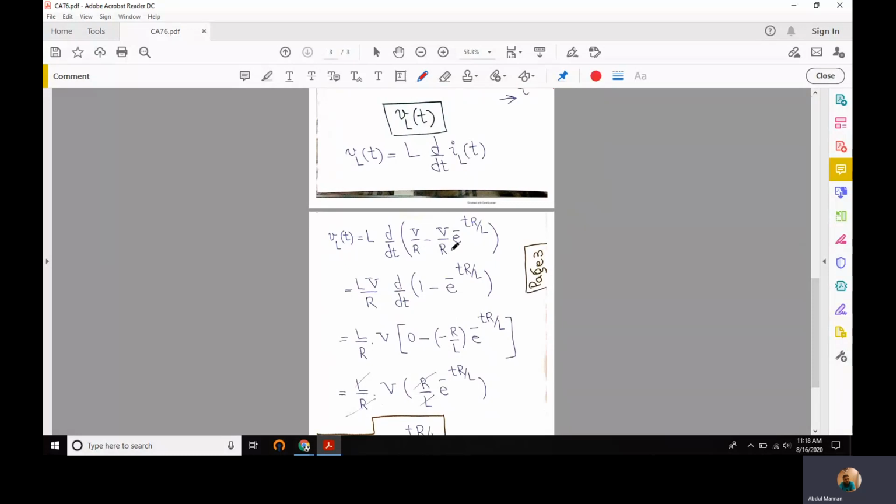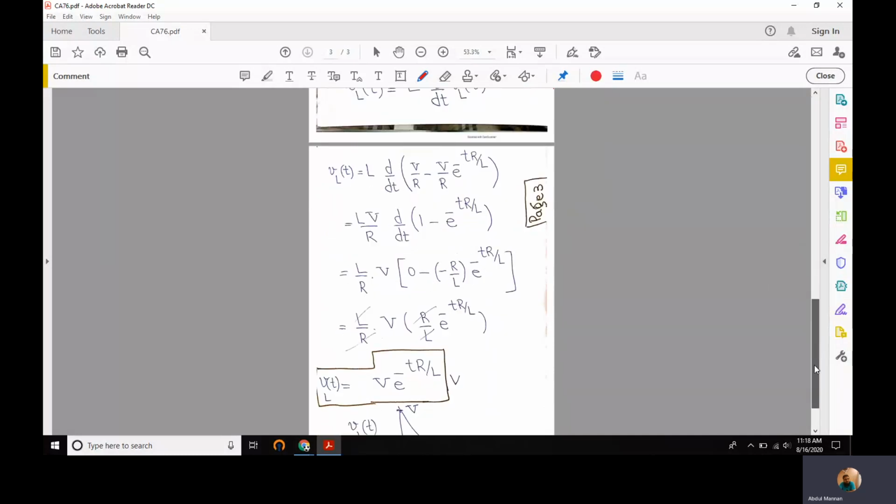This V over R is common and it is not a function of time, so we can take it out of the derivative operator: L V over R, and we are left with 1 minus e to the minus t R over L. Now we apply the time derivative operator. The time derivative of a constant 1 is 0.